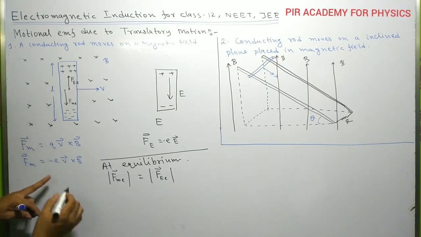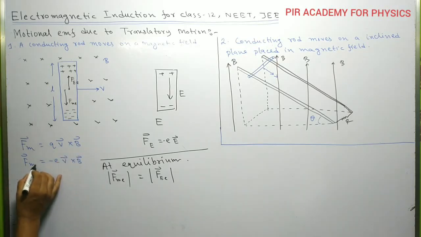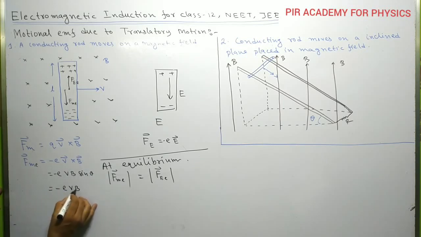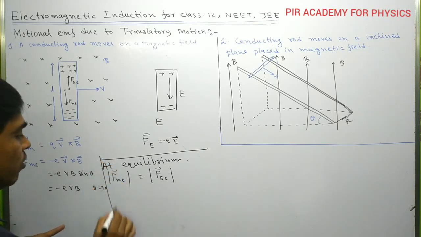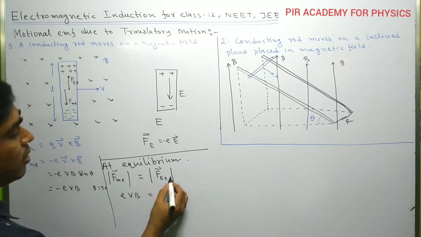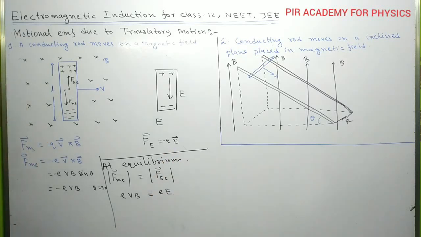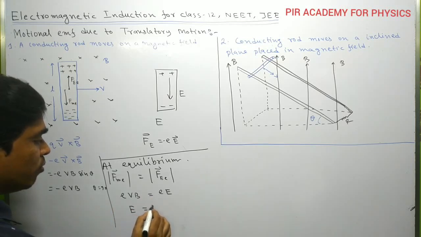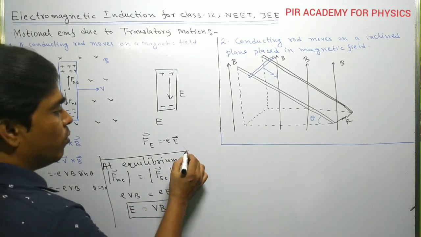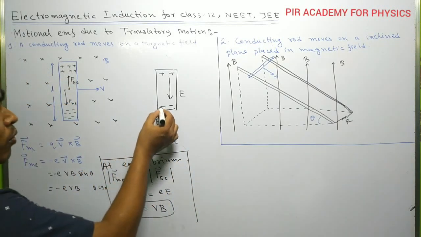Since the velocity and the field are perpendicular, e v B sin theta, with theta equal to 90 degrees, gives e v B, and this equals e into E. The e cancels out, so E equals vB.